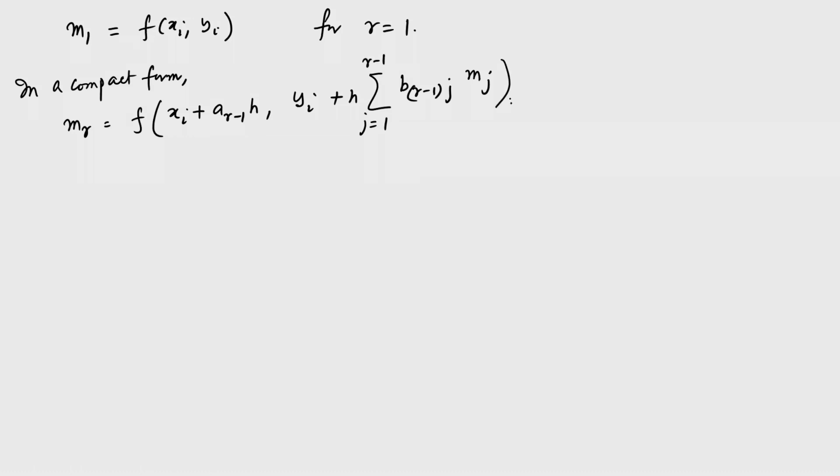This is the rth slope for r greater than or equal to 2. So, 2 onwards you can write this.